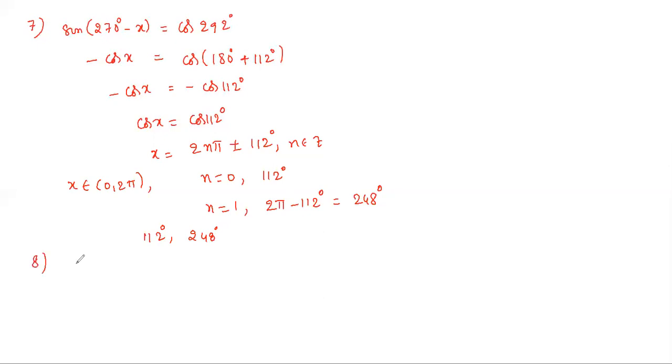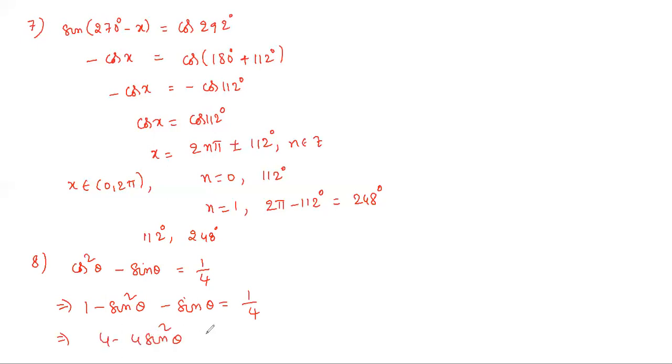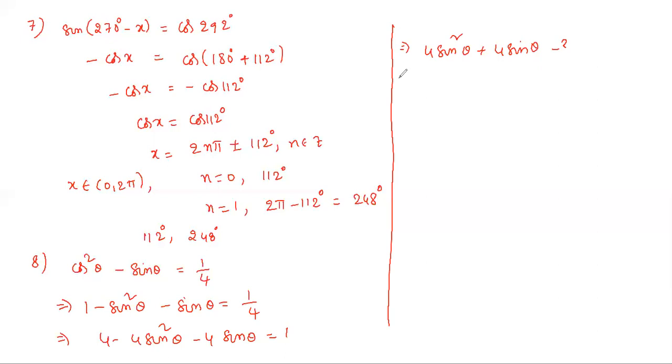Next, the eighth one. The given equation is cos square theta minus sin theta equals 1 by 4. Here it is possible to convert into sine. 1 minus sine square theta minus sin theta equals 1 by 4. So by cross multiplication, 4 minus 4 sine square theta minus 4 sin theta equals 1. Taking all terms to one side, 4 sine square theta plus 4 sin theta minus 3 equals 0.